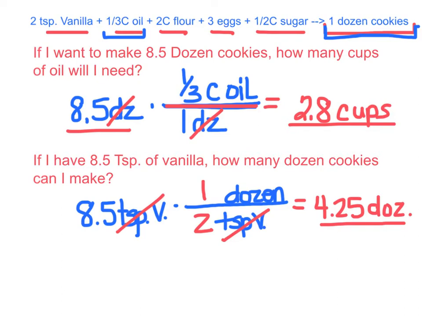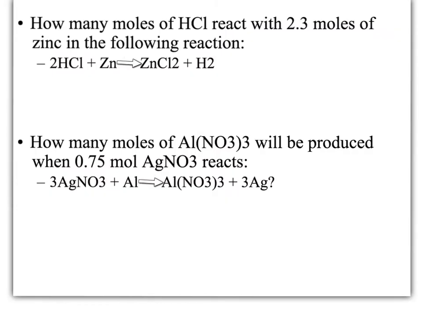So this is using, obviously, a recipe, but stoichiometry is based on the exact same thing. So when we look at this chemical equation, 2 hydrochloric acids react with 1 zinc to make 1 zinc chloride and 1 hydrogen molecule. These should be subscripts. Alright, so this is the relationship.